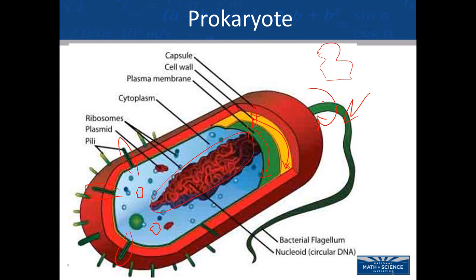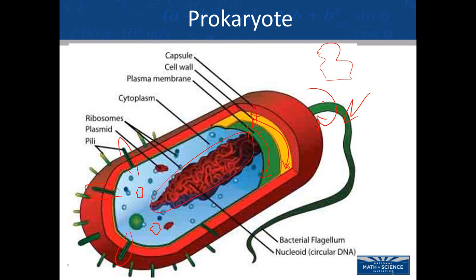There are some prokaryotes that can do cell respiration with oxygen, or if no oxygen is around, they can do it without oxygen. Those are called facultative anaerobes. And last but not least, there are those prokaryotes that actually embrace oxygen, and they do cell respiration with oxygen, and those are just called aerobes.